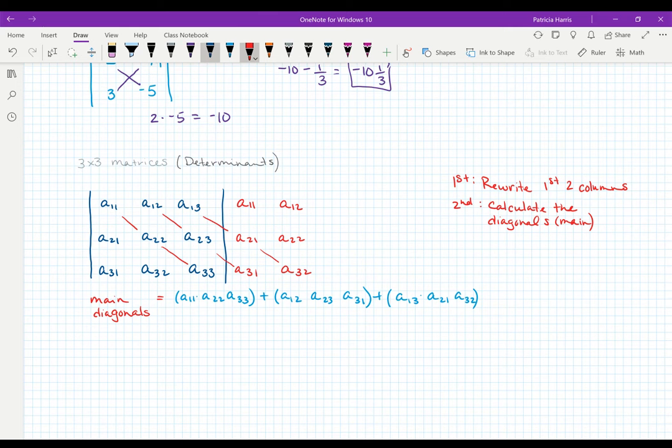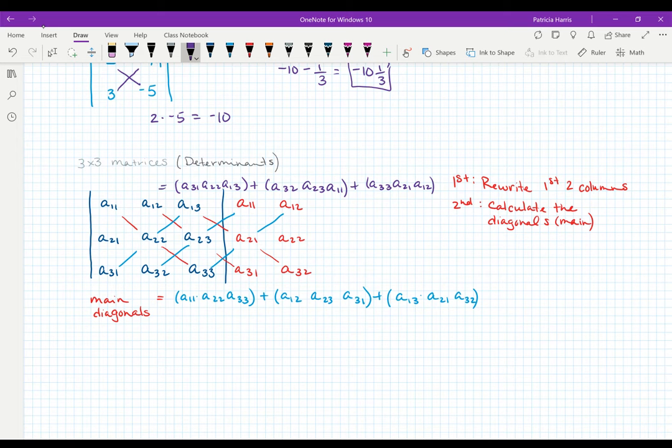Okay, now we're going to do the minor diagonals. So we'll start from the lower left and go up. Okay, so A31. Then we're going to multiply. And then we're going to add.